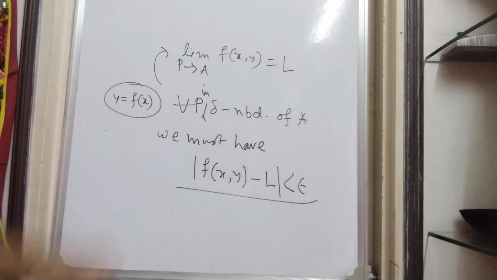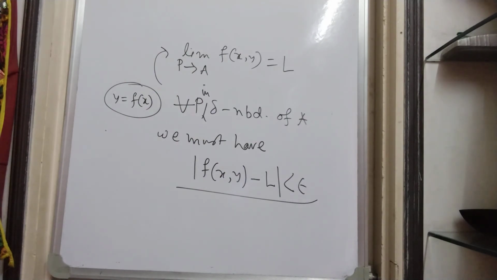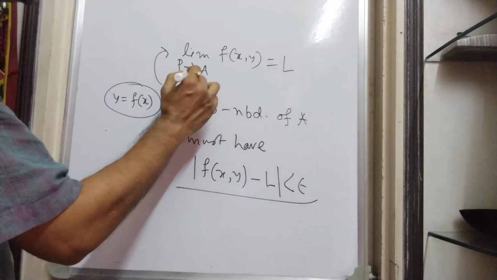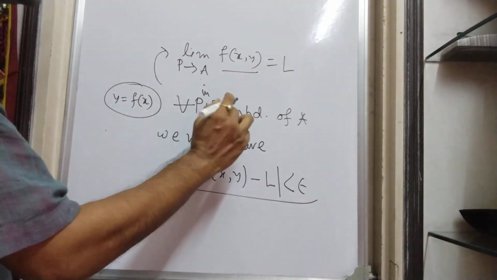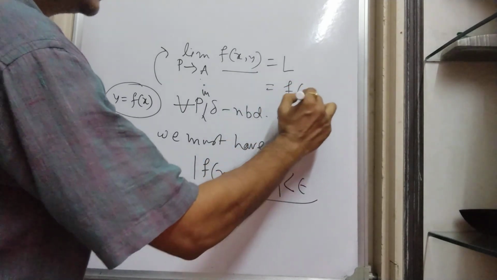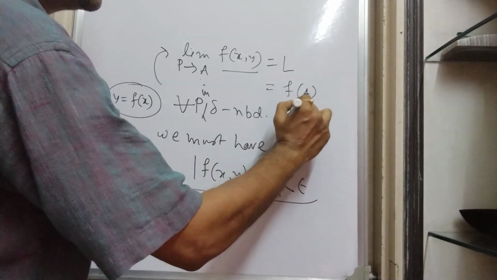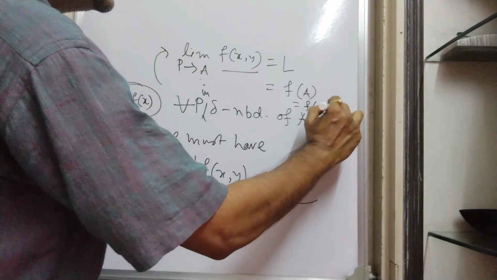And we all know that for continuity of f(x,y) at A, we must have this equal to f at A, or f(a,b).